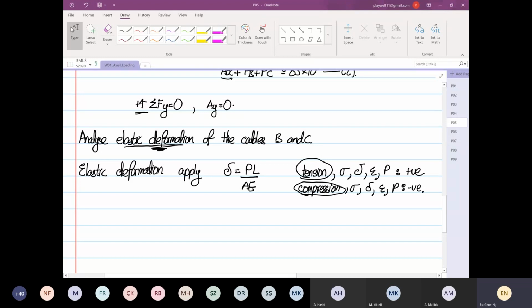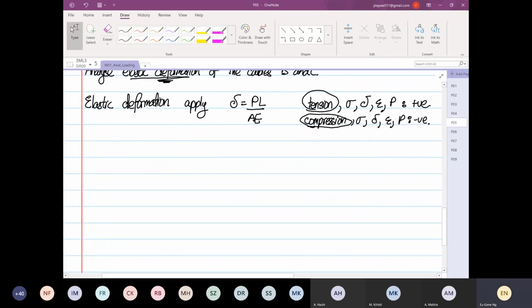Okay, so here we go. For cable B, the deflection of cable B is equal to FB LB divided by AB with the Young's modulus.